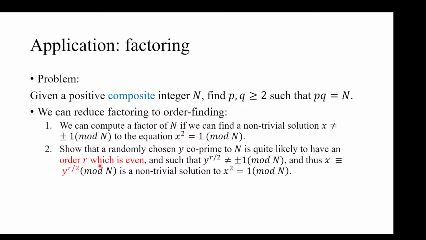And if we are lucky, then this r is an even number, and then we can find a kind of square root of x under n.